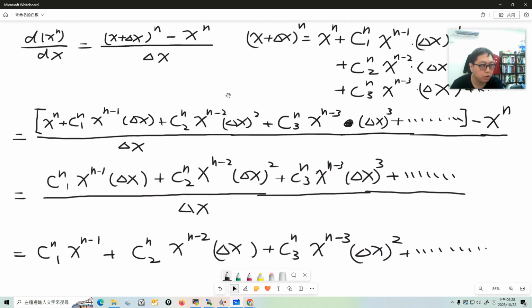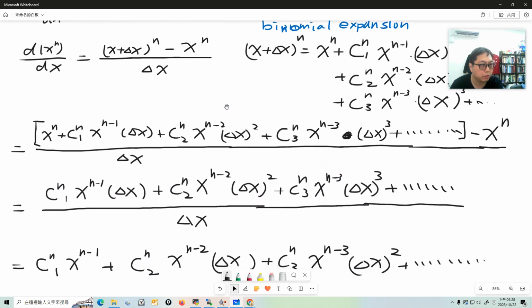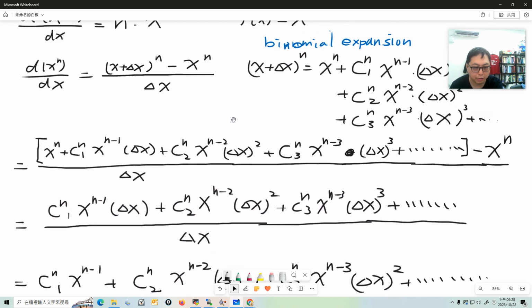So I need to make a description here: the limit as delta x approaches 0.